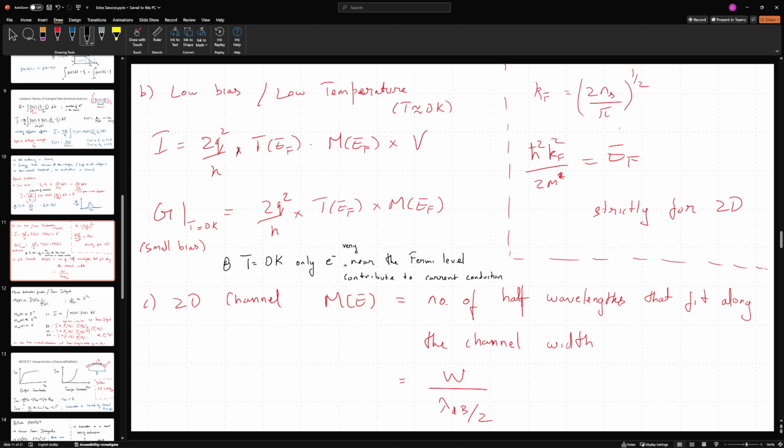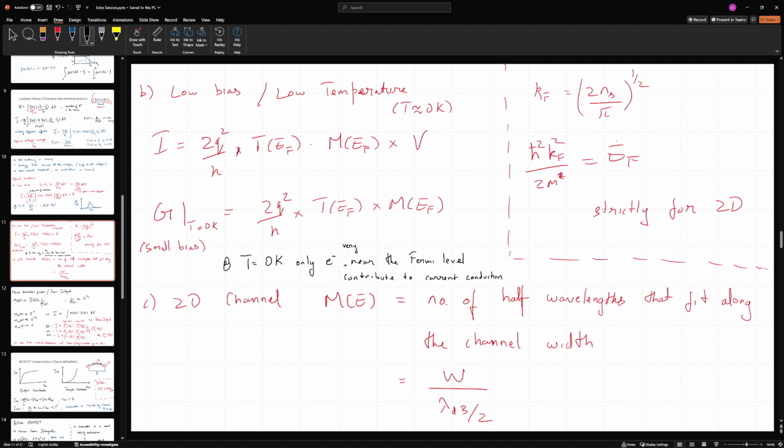How do I get this? I get this from this expression, ħ squared kF squared divided by 2m is equal to EF. Then we move to the phase space, k-space, and then compare the areas, in this case. So for a 2D system, we have this relationship.